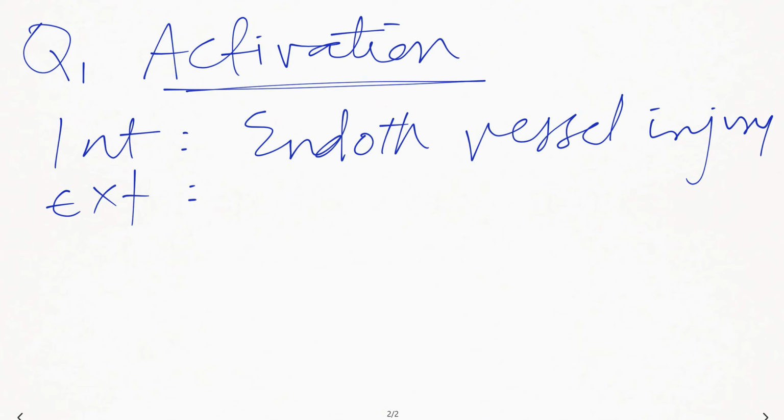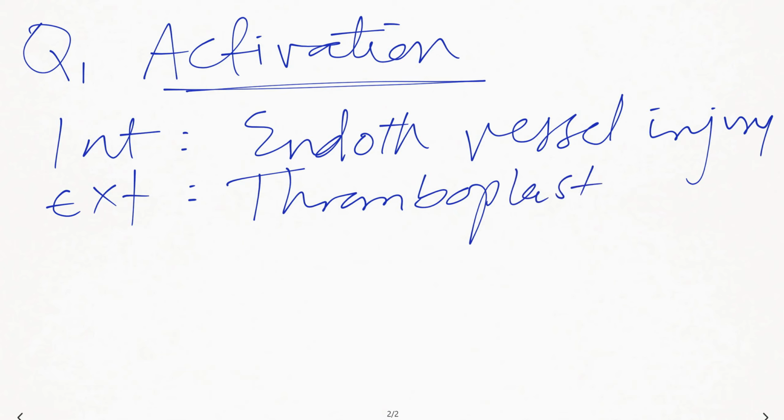The extrinsic pathway is activated by, it is usually due to the damage of the cells, and the damaged cells will release something called thromboplastin. Okay, and this thromboplastin will activate the extrinsic pathway. So to make this question easier for you and to remember it, the intrinsic pathway is activated by the endothelial injury.